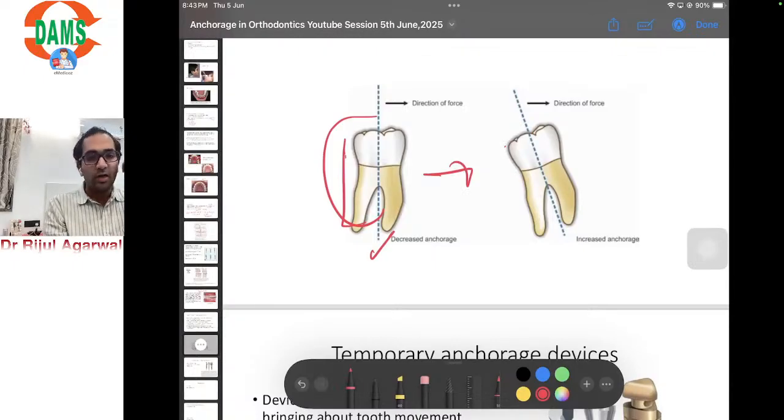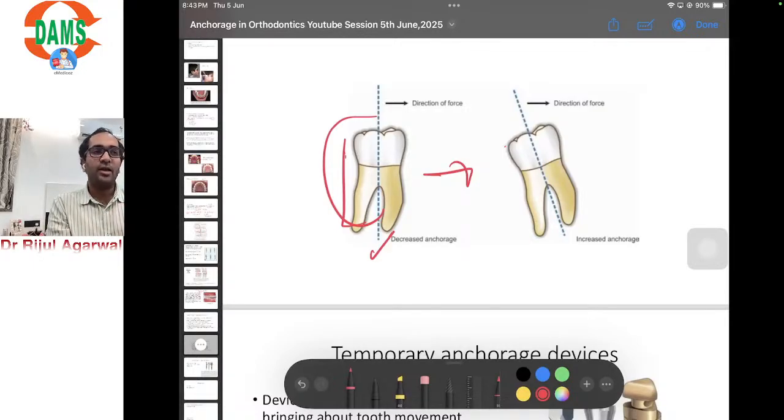So this was an age-old concept, from the beginning of the 19th century, when TADs and these appliances had not come. So earlier they used to tip these posterior teeth distally below the gum margin level so as to increase the anchorage value. There was an additional step.